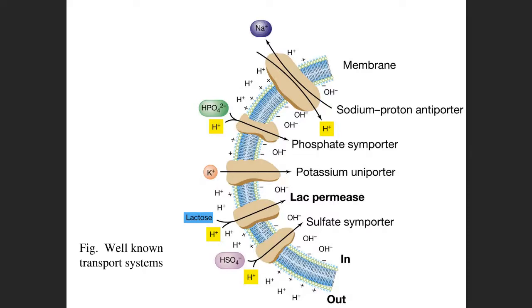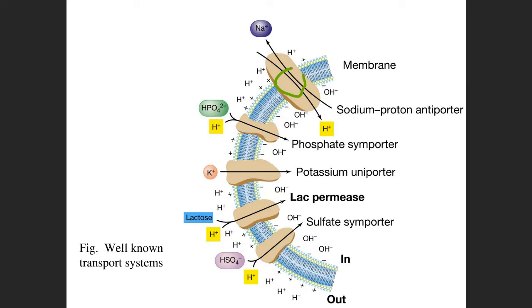Here is a real life example. The sodium. Well, sodium is what? Anyone want to try? Is this symport, uniport, or antiport? This is an antiport, right? Because symport is the same direction.